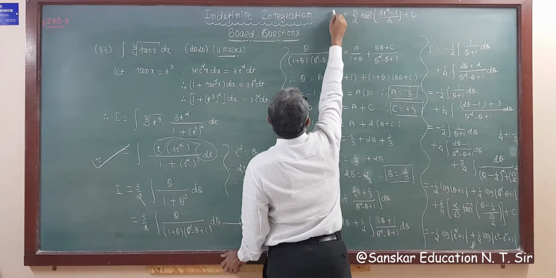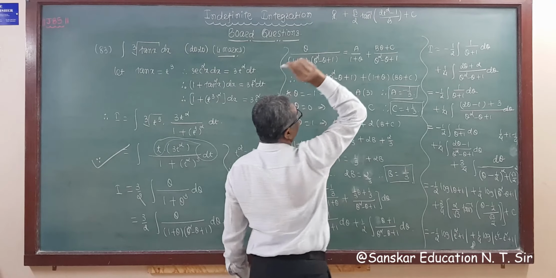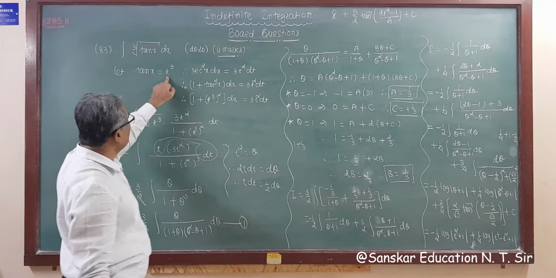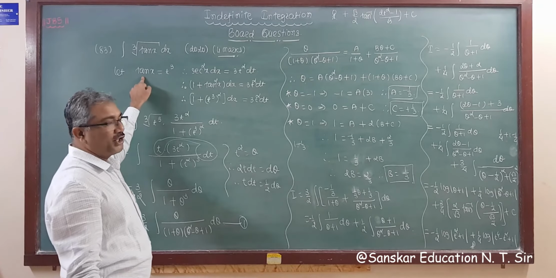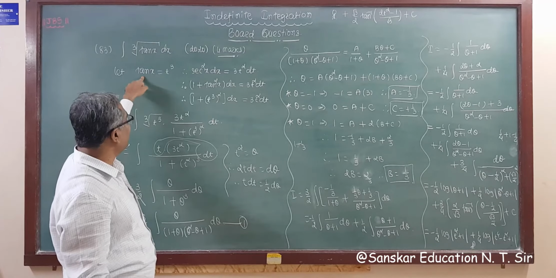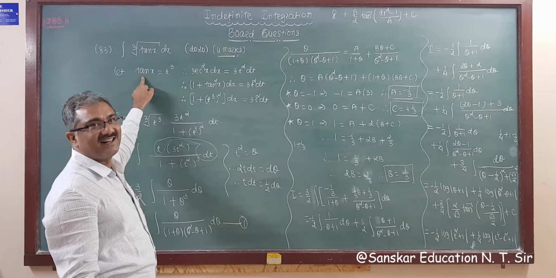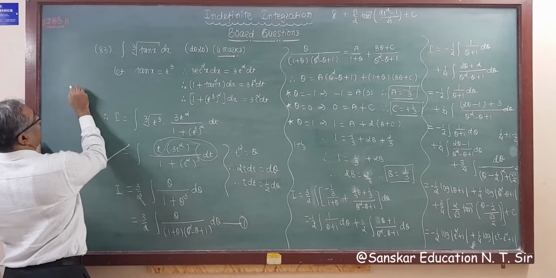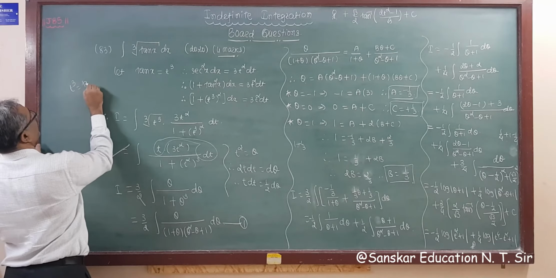This is a continuous step, so I am not writing I or whatever. Now, what is t? t cube is tan x.